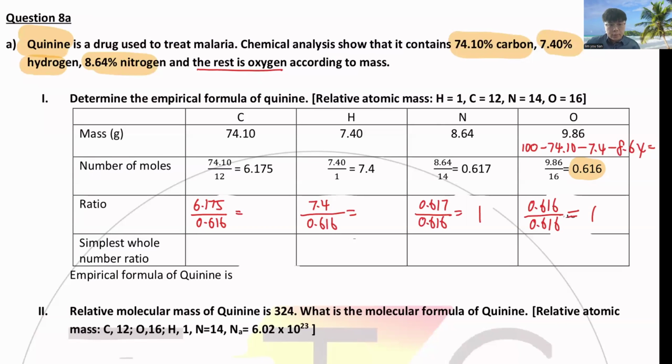Let me check this one. 175 divided by 0.61, you get 10.02, which can be taken as 10. About 12. So the simple ratio will be 10, 12, 1, 1. So the formula will be C10H12NO.